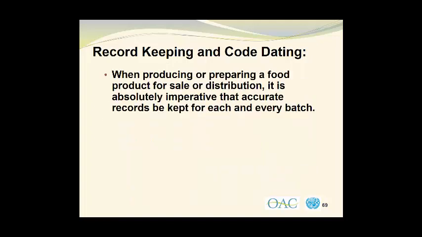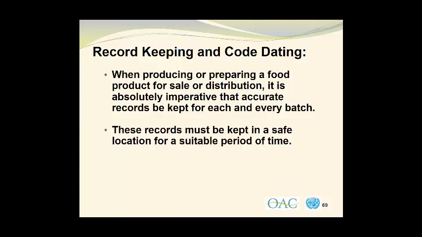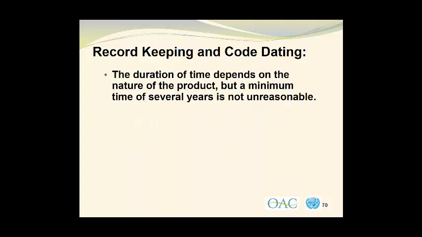When producing or preparing a food product for sale or distribution, it is absolutely imperative that accurate records be kept for each and every batch of product that you manufacture. These records must be kept in a safe location for a suitable period of time.